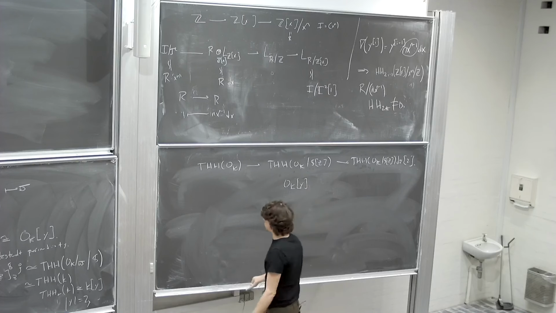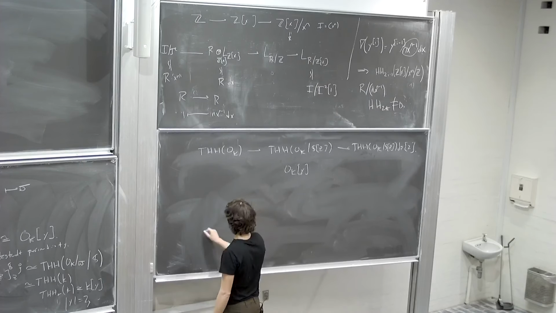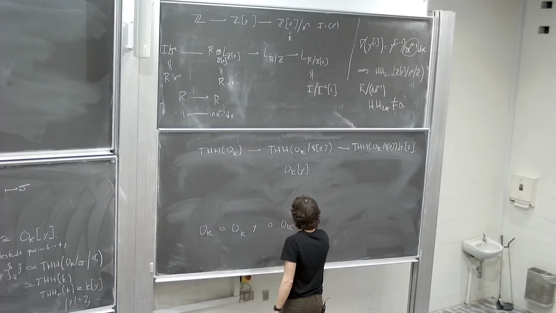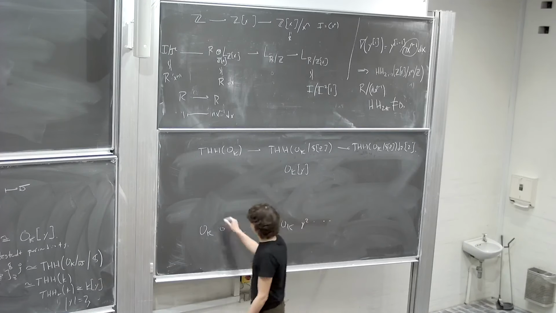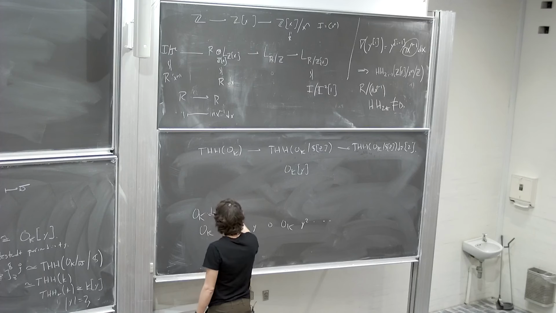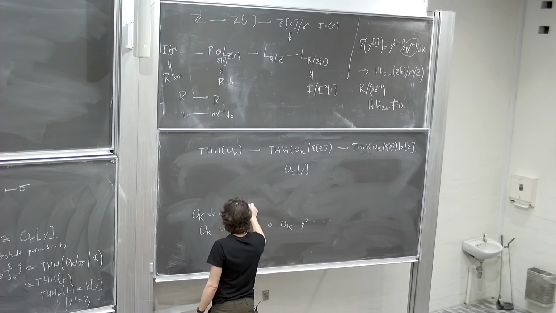And so then you get a spectral sequence, and it looks as follows: O_K, 0, O_K·y, 0, O_K·y squared. And here you have O_K·dz, I guess, 0, O_K·y dz.